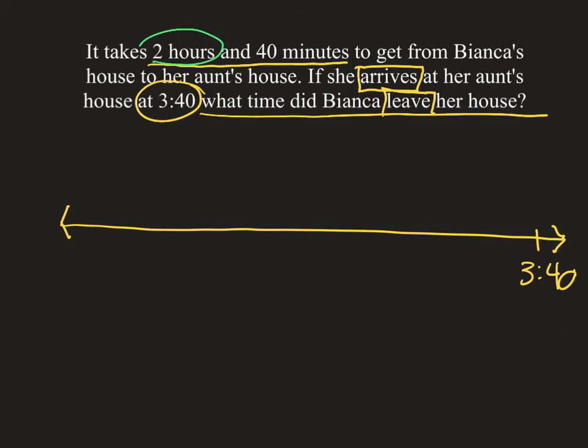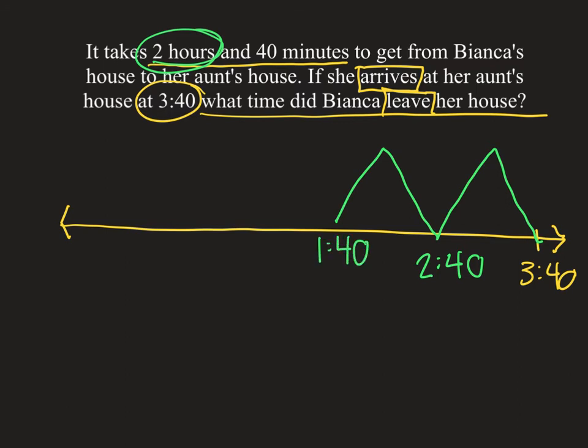It says first 2 hours. So we're going to hop back 2 hours. So 3:40 to 2:40, and then 2:40 to 1:40. And now we're done with our 2 hours. We have 40 minutes, right?